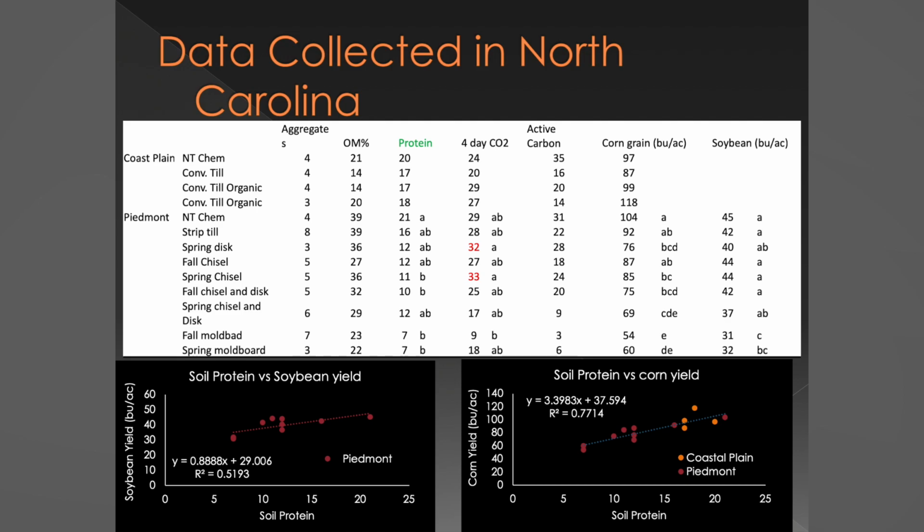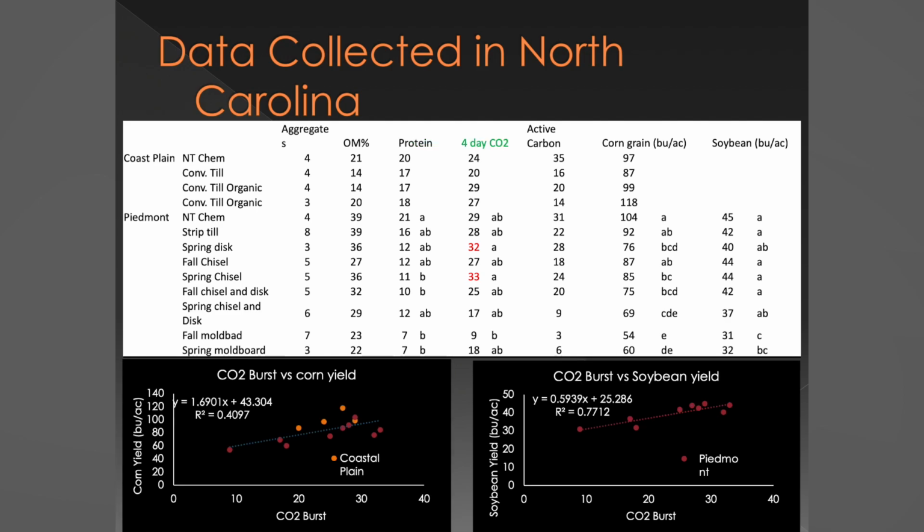And then when we look at CO2 burst, here's the corn yield. I flipped it around on you to kind of keep it interesting. But this is corn yield. And now with CO2 burst, there's not much of a relationship with corn yield, at R squared about 0.4. But in contrast, the soybean yields over here have an R squared of about 0.77.